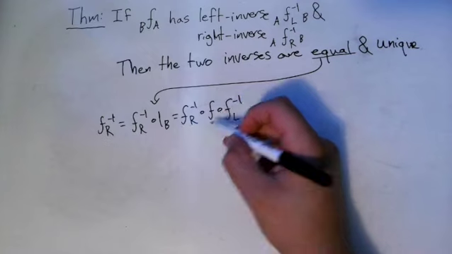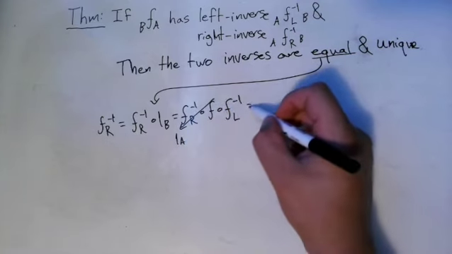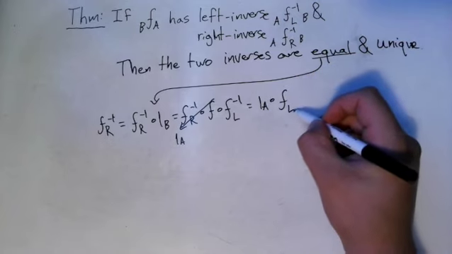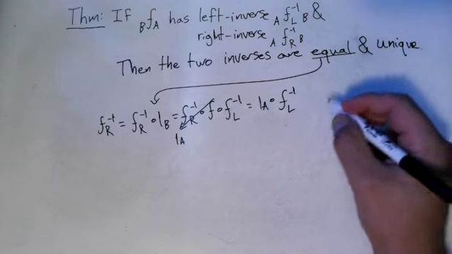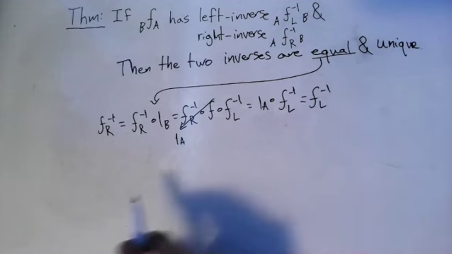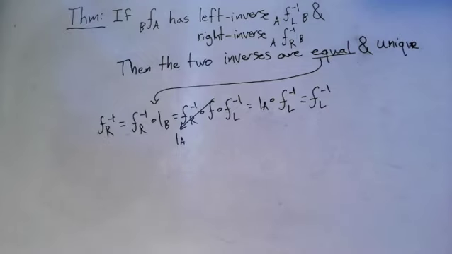But then these two can now cancel back to 1_A, and we get 1_A composed with f_L to the minus 1 is equal to the left inverse. And so we have that the right inverse is equal to the left inverse.